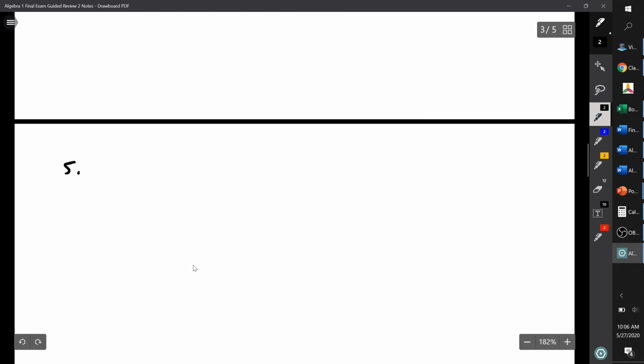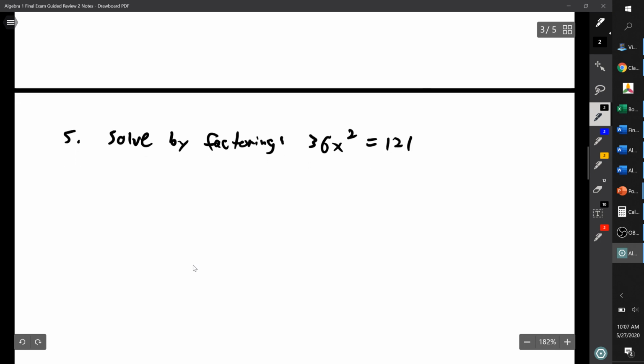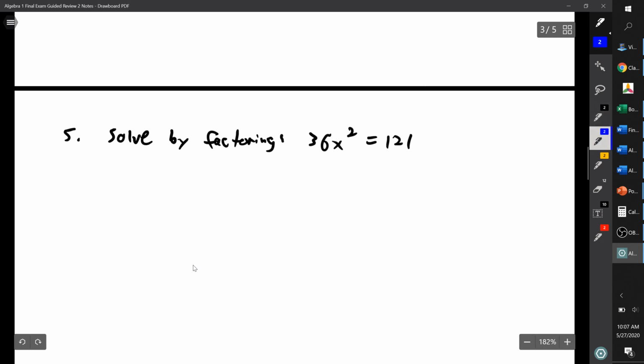Number 5, solve by factoring. And here's what we have. We have 36x squared equals 121. So again, to solve by factoring, I need equals 0, so I'm going to subtract 121 from both sides.